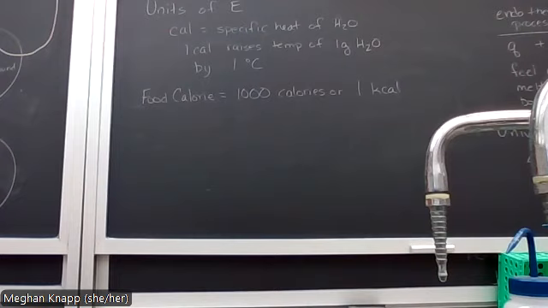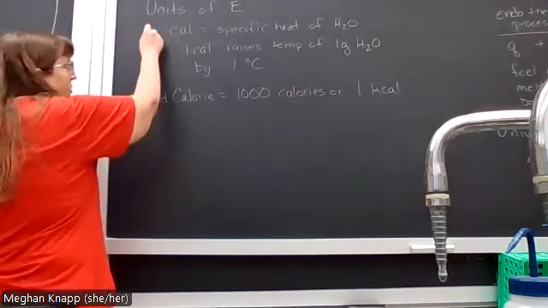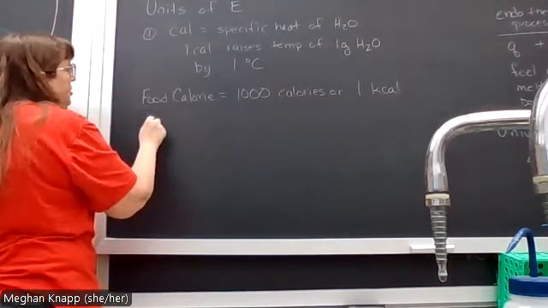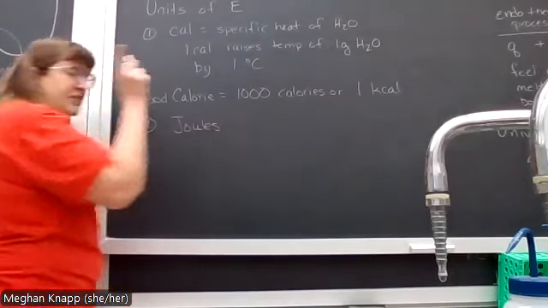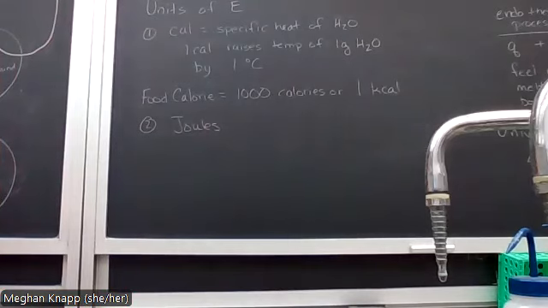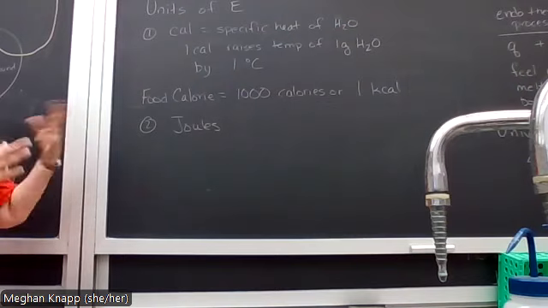It is metric. Some countries, instead of calories, will tell you how many kilojoules there is in a food. Okay, so your first unit is calories. Your second unit is joules. Found this out when I went to Canada. So in Canada, if you buy the same Coke or the same pack of M&Ms, it's not going to tell you in calories. It's going to tell you in joules or kilojoules.